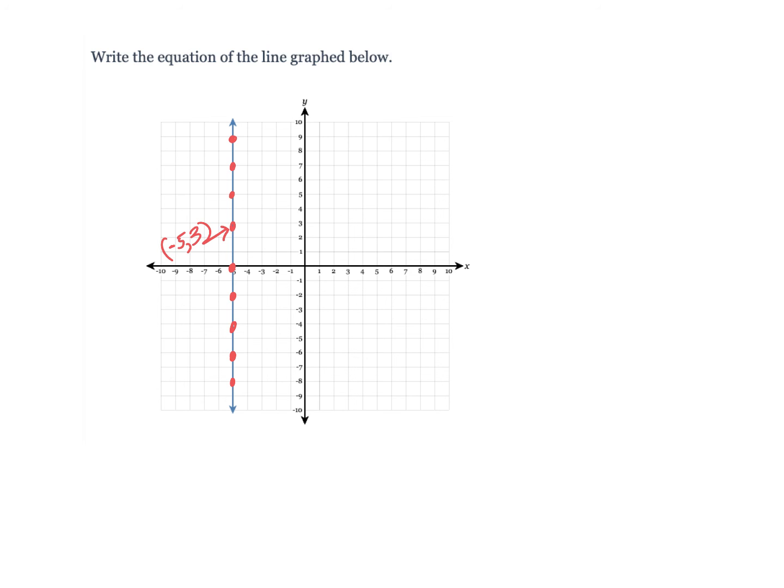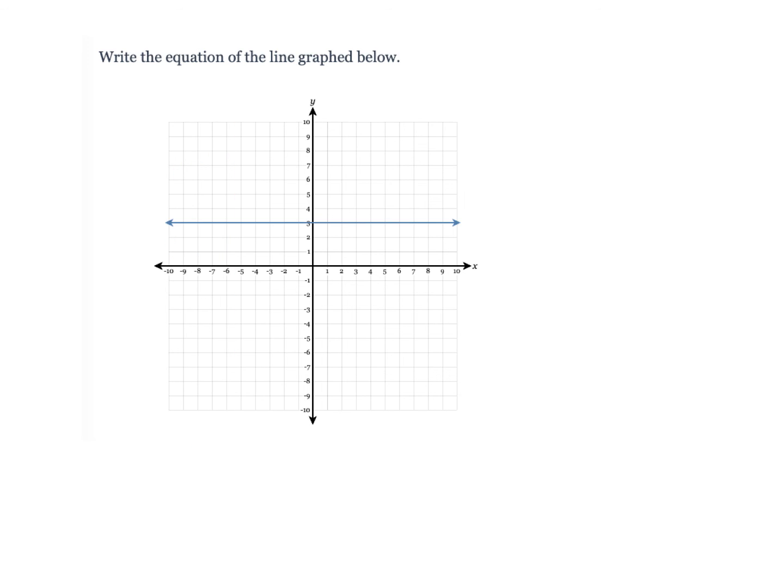There's another one where our x is negative 5 and our y is 7. The y's are going to be different for every point, but that x will always be the same. So our equation is simply x equals negative 5. We're saying we don't care what the y is, we know that the x is negative 5.